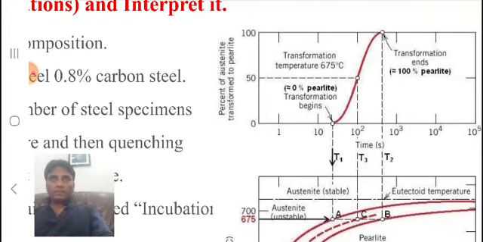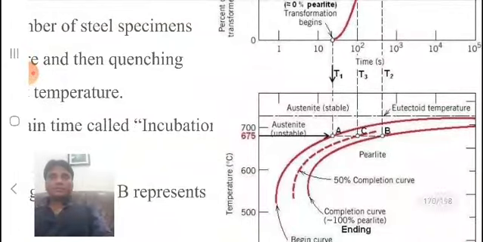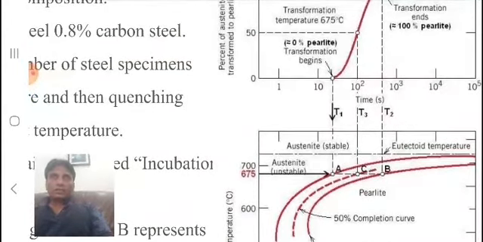Like this, we take so many curves and plot them onto the TTT diagram, and then all these points are joined with a smooth curve to get a C-shaped curve. The middle or dashed curve indicates the middle part, that means the completion of only 50% of the transformation.